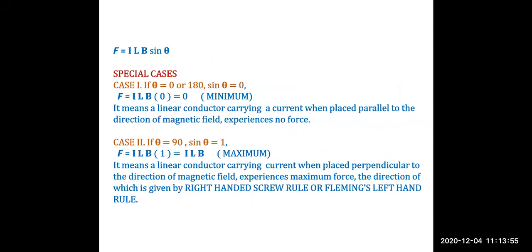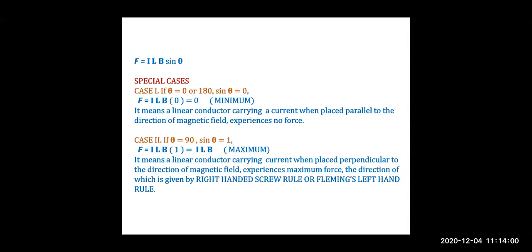Now here two cases are possible. Let's take, suppose the theta is 0 or the theta is 180. We know the value of sine 0 or sine 180 is 0. So ILB sine 0 is 0, so the force becomes 0. So children, theta is the angle between your conductor, that is your wire, and magnetic field.